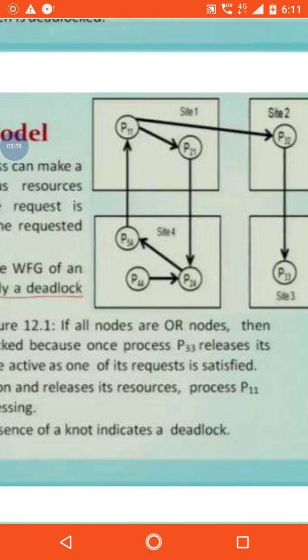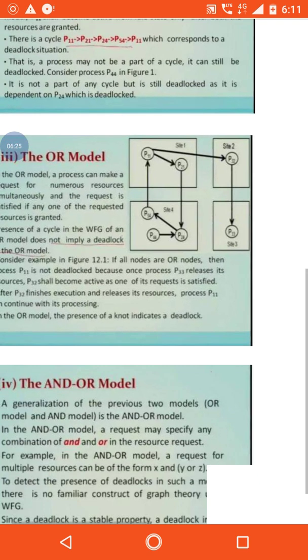Now P33 releases P32, then P32 becomes idle. In the OR model, the process P11 uses P32. After completing with P32, if P21 is released by P24, then it uses that. But in the AND model, only if the two resources become idle can the process access the resources.